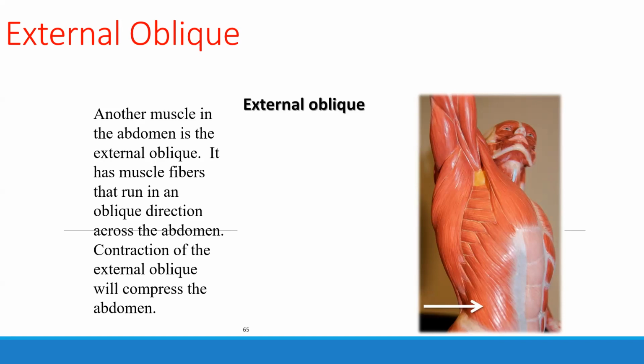The internal obliques are directly underneath the externals, but they're running in the opposite direction. Compressing the abdomen is the role of the external obliques. So usually you use the rectus abdominis to flex the abdomen, to draw those muscles in, and then you're compressing the abdomen on the side with the external obliques.